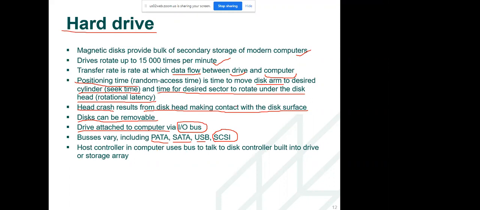SATA is the newer port which we are using right now. PATA is the older one, distinguished by its pins. Right now we have very small micro pins, but in the previous one there were 8 pins: 1, 2, 3, 4, and above that 1, 2, 3, 4.